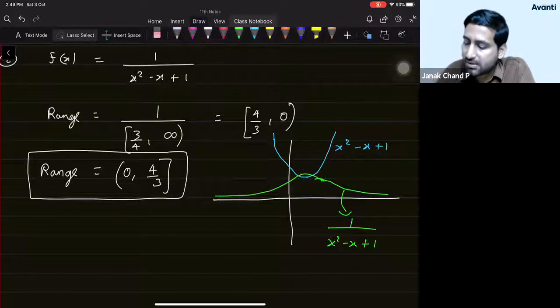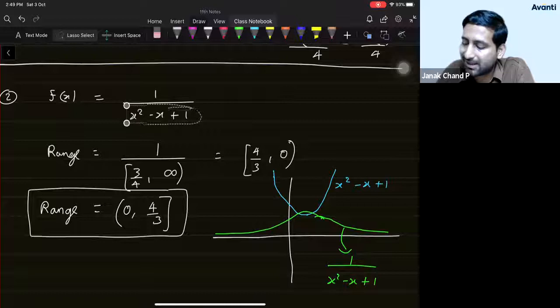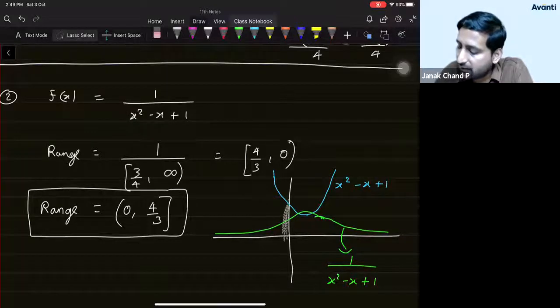So as you can see here, student, for the reciprocal of this quadratic expression, the values on the y-axis are only from 0 up to 4 by 3. To be more precise, you cannot include 0 here because this graph is not actually touching the x-axis. Only when it touches the x-axis should 0 be included. That is why it is excluded here.